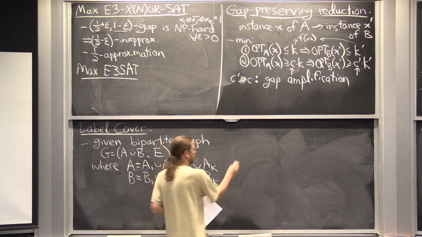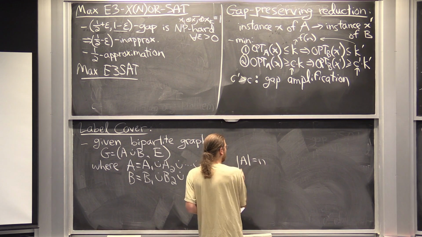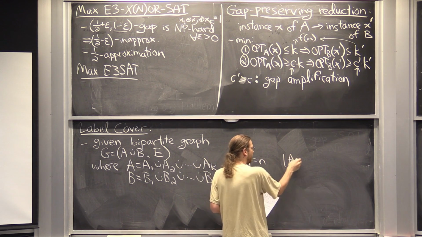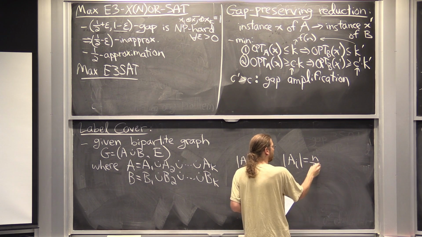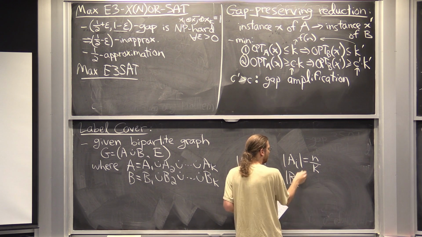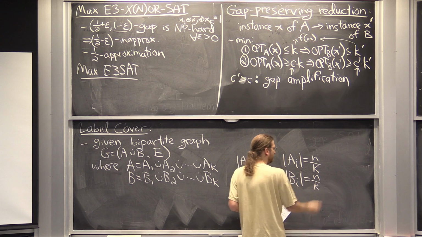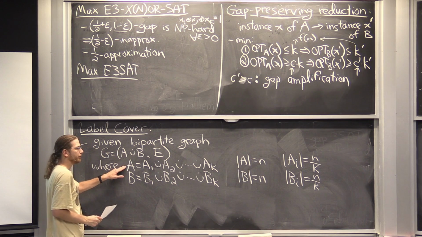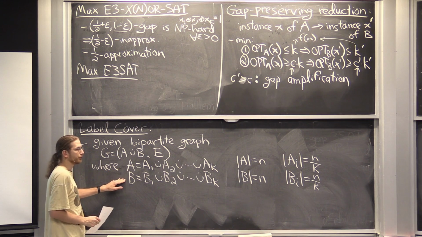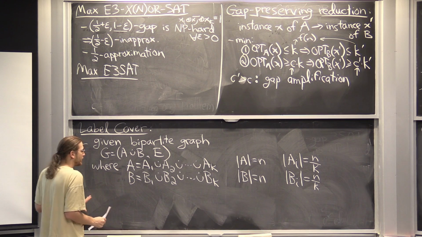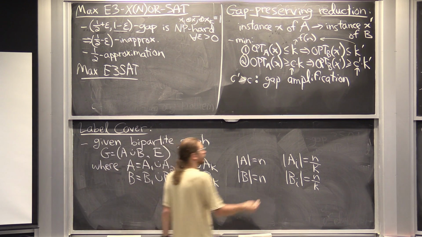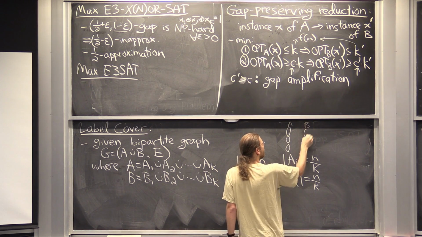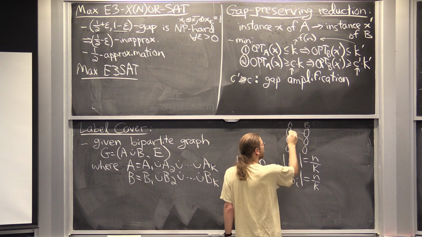And let's say the size of A is n, the size of B is n, and the size of each A_i is also the same. You don't have to make these assumptions, but you can, so let's make it a little bit cleaner. So in general, A consists of k groups, each of size n over k. B consists of k groups, each of size n over k. So that's our, we have A here with these little groups. We have B, these little groups, and there's some edges between them.